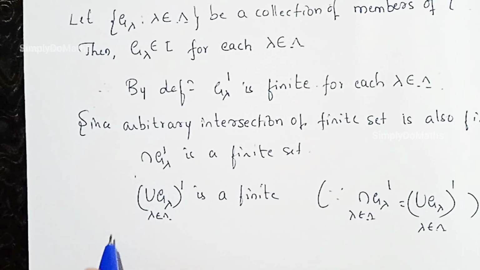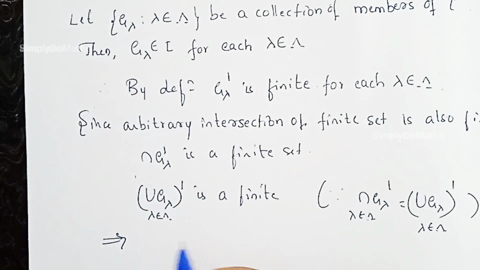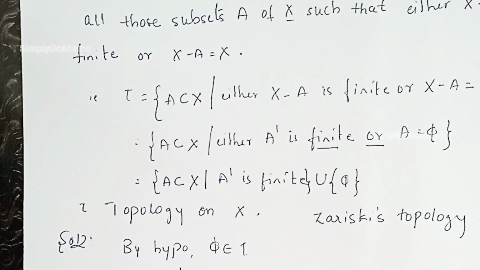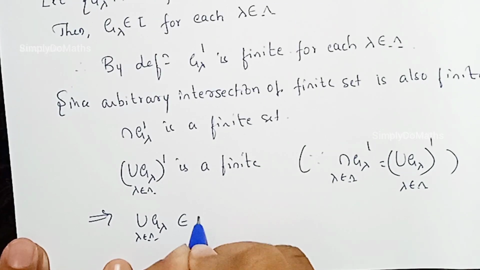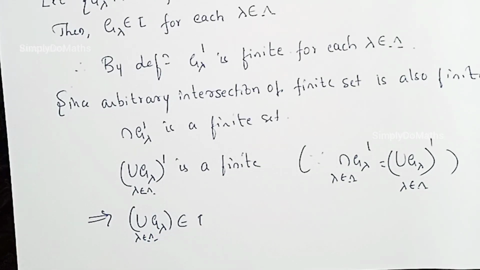This implies, by the definition of the topology defined here, the union of G lambda, where lambda belongs to the index set, belongs to tau. So this was the second property we needed to prove, given tau became a topology.